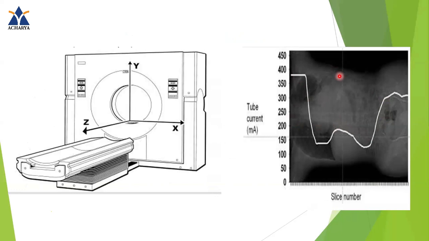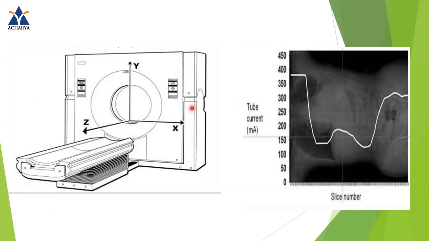But in most patients, unless there is ascites or any abnormality, the right to left thickness is more than the anterior to posterior thickness of the torso. The head is totally different, where the anterior to posterior thickness is more than the right to left thickness, whereas from neck to foot, the right to left thickness is more than the anterior to posterior thickness.